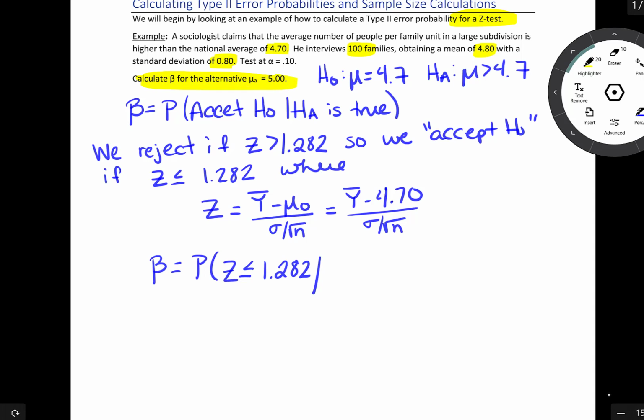Here we're calculating when that value of the parameter in the alternative hypothesis is 5. So we're given that mu is equal to 5.